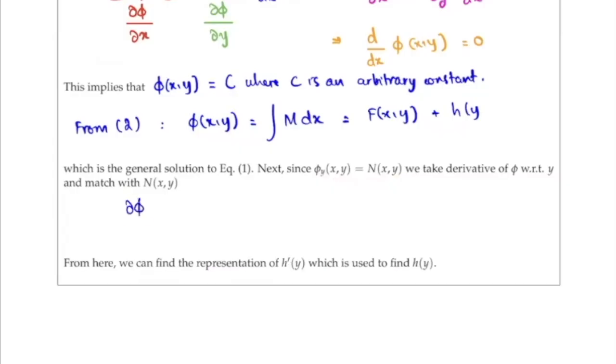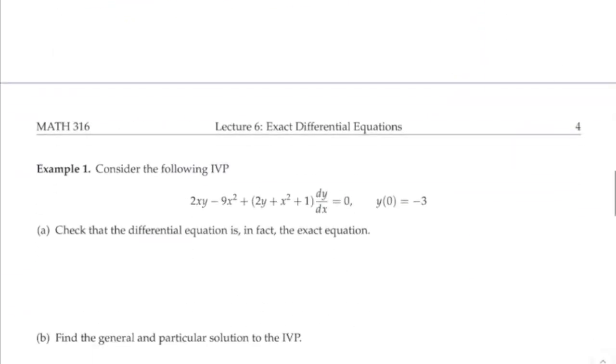So partial phi partial y is the partial derivative of capital F with respect to y, plus the regular derivative of h of y, and this is set equal to N of x comma y. From here, you can find h prime of y, which is used to find h of y.